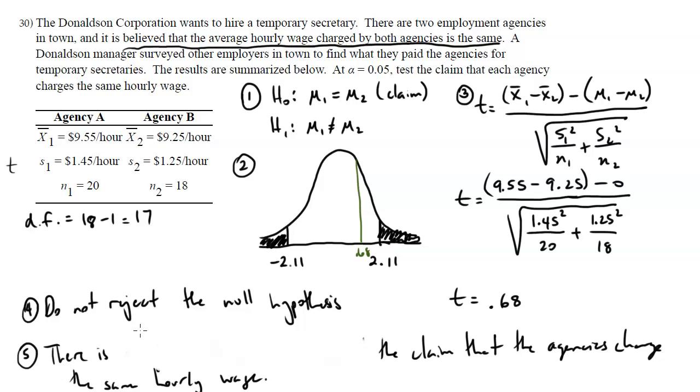I should really say there's not enough evidence to reject the claim. Since I'm not rejecting the claim, there's not enough evidence to reject that claim. I'll say that instead. I think that's a better thing to say.